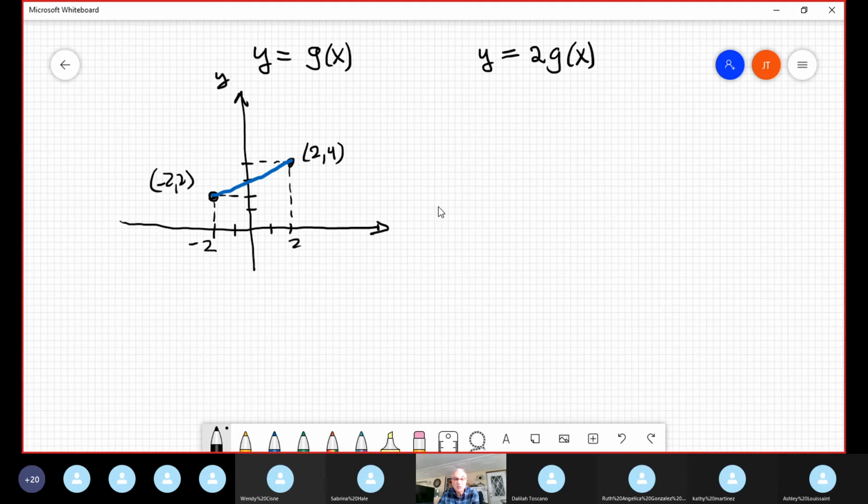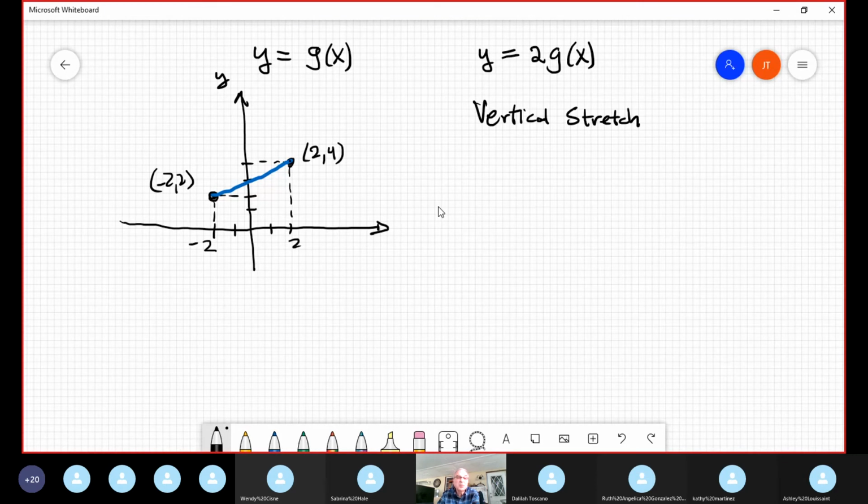Immediately you recognize: multiplication by 2 outside affects the y component. This is a typical vertical stretch, because you multiply by 2 outside the parenthesis, and y outside means the y component.